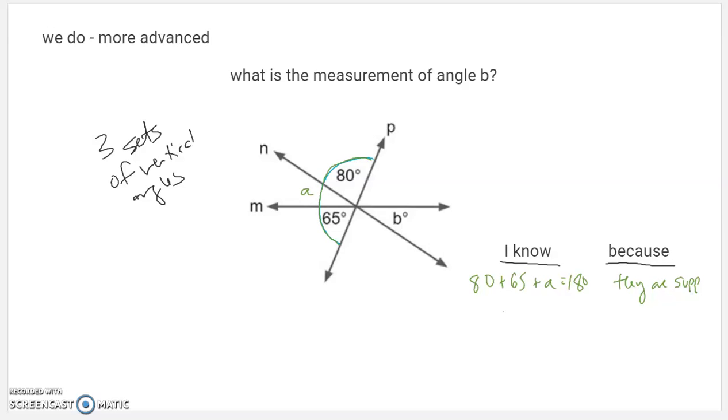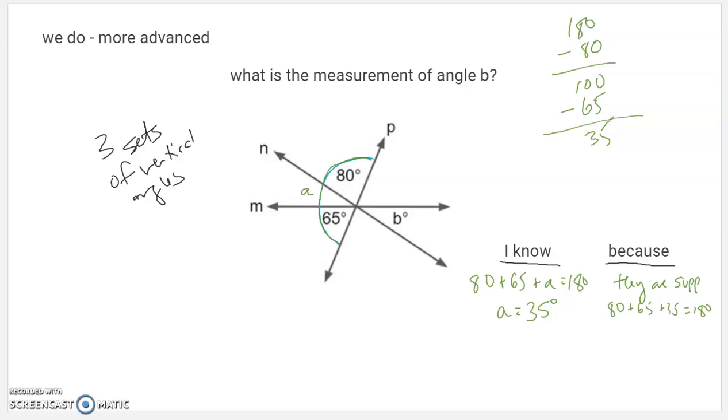So I can use that fact to figure out A. That's going to tell me A is equal to what? I have to do 180 minus 80, that's 100, minus the other 65, that is 35. So I know A is 35 degrees because 80 plus 65 plus 35 equals 180.